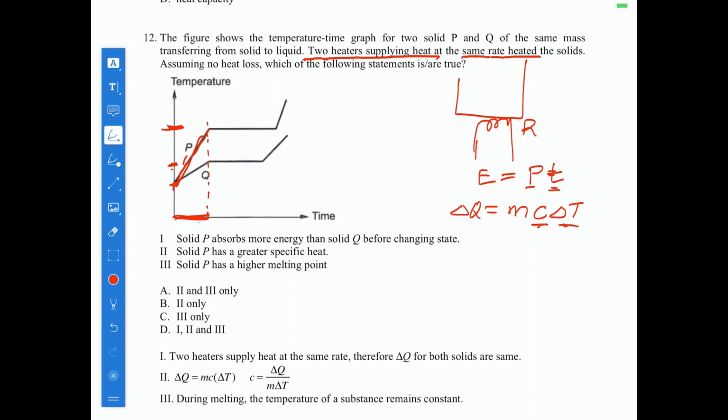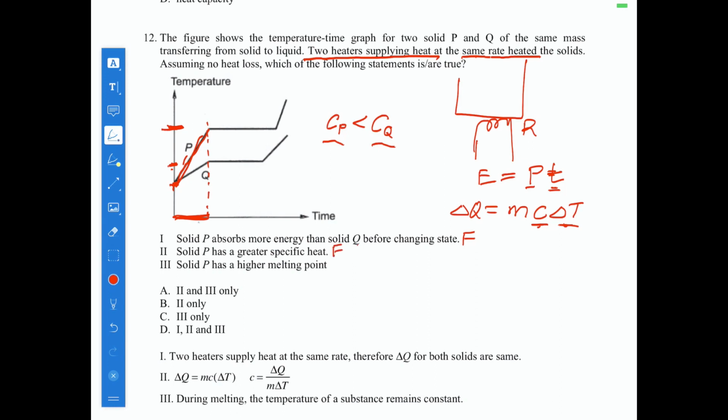So it means the specific heat of P will be less than the specific heat of Q. So the same amount of energy will raise the temperature more. But in terms of statement one, solid P absorbs more energy than solid Q before changing its state? They absorb the same amount of energy. Solid P has a greater specific heat? It's the other way around. As we just looked at, solid P has a lower specific heat than solid Q. So this is false.